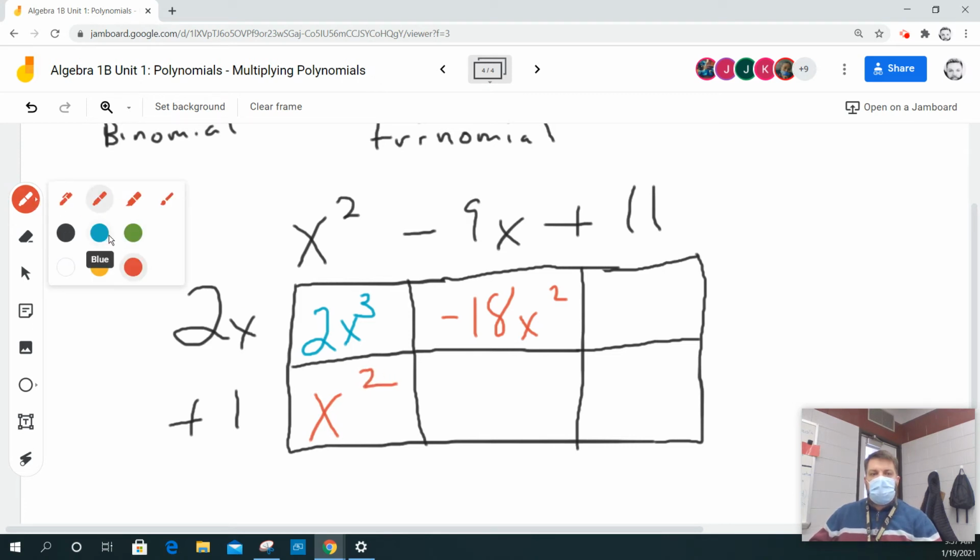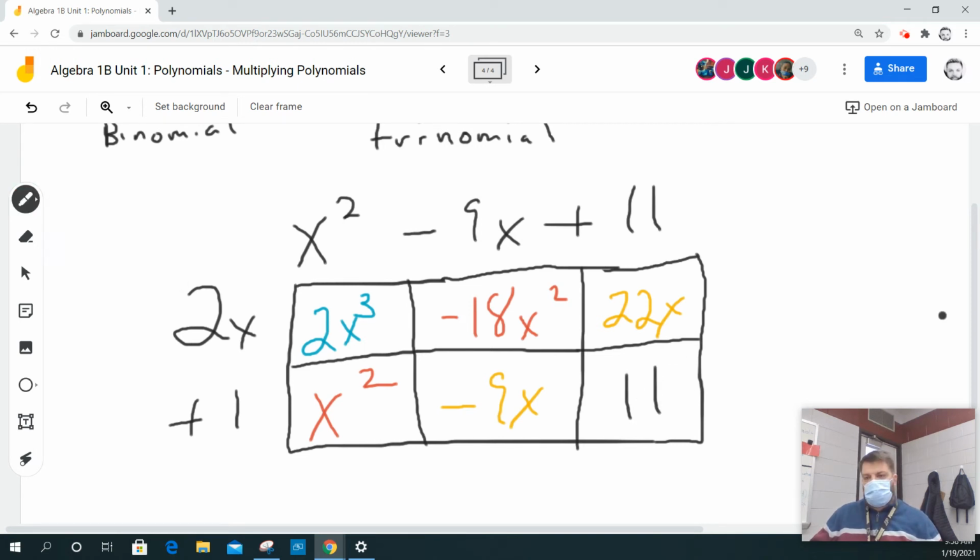Next, I'm going to do negative 9x times 1. That's just a negative 9x. What's 2x times 11? 22x. And then 1 times 11 is just 11.